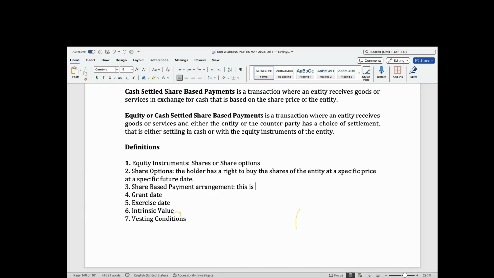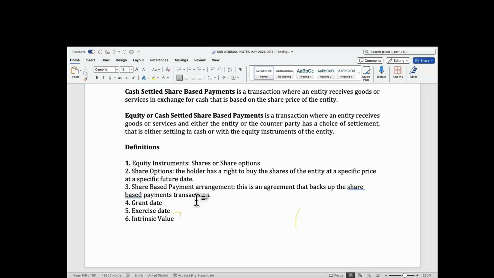Okay, so this is an agreement that backs up the share-based payment transactions. So there's always an agreement.